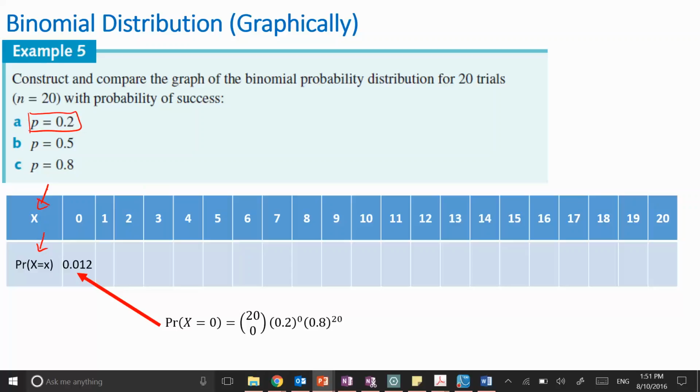Let's say the probability of success was 0.2. So you've got a good 20% chance of getting your 6, but you don't. 80% chance of you not getting it. How many of these 6s do you want? None. How many of the ones that you don't want a 6? 20 of them. This is your formula, plug that in your calculator, and yes, you get 0.011529. I've just rounded off to 0.012.